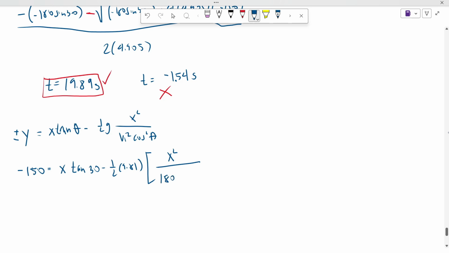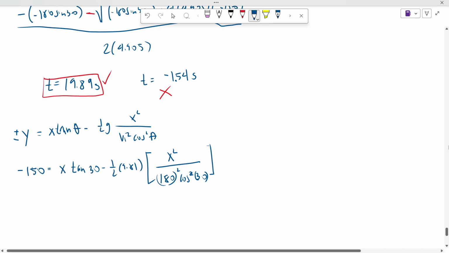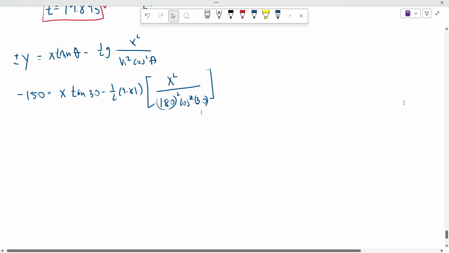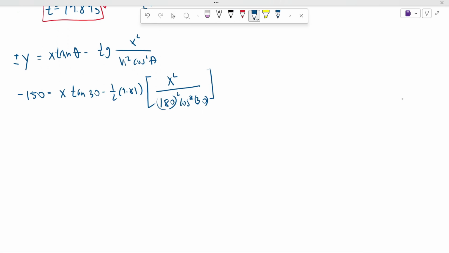180 yung initial velocity niya, di ba? So, cosine squared 30. So, may squared pa to. Gets? Naka-square yung dalawang yan, yung 180 tsaka yung cosine. Gets? So, to simplify this, guys, makikita nyo, mukhang mahirap i-simplify yan. So, solve natin.